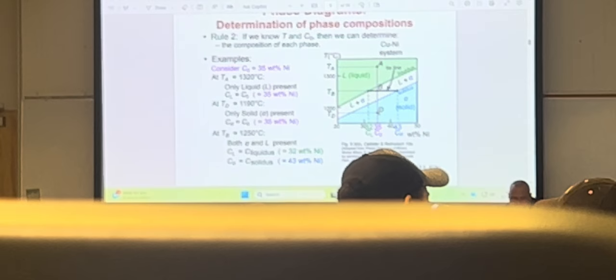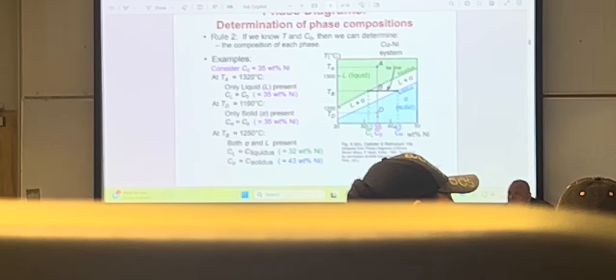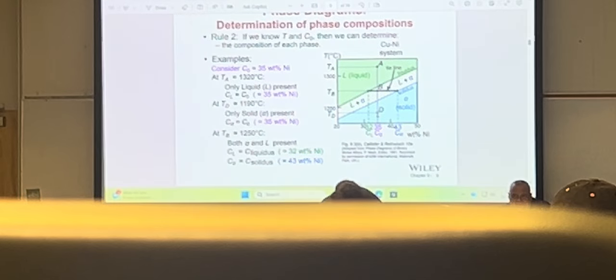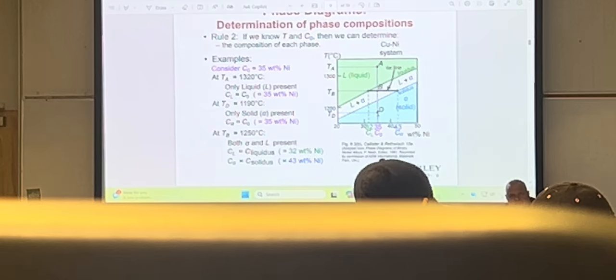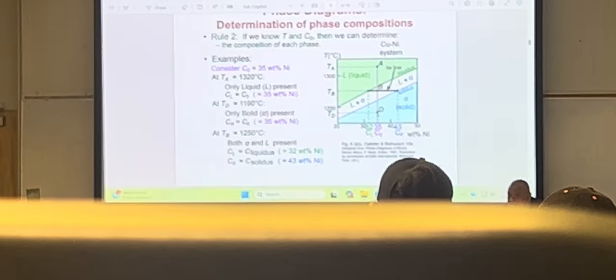We drop the temperature down to 1190. Point D. What do we have here? How many phases? Right here. How much did you have in your pocket when you came to this lecture? $5.